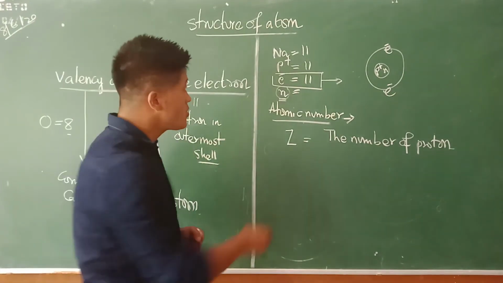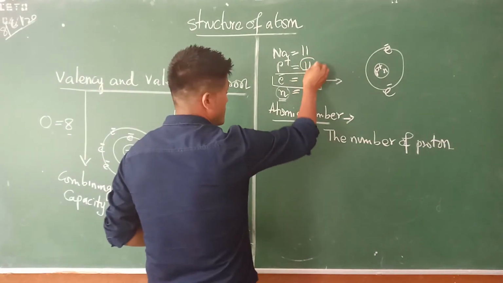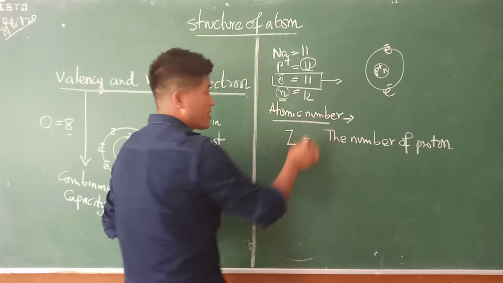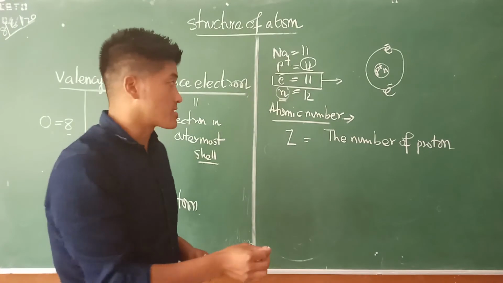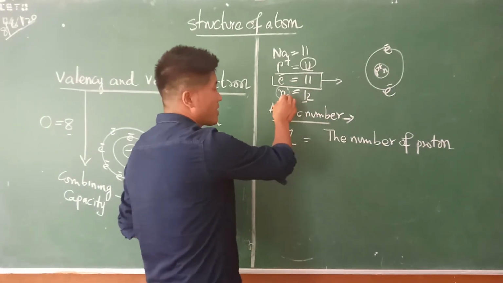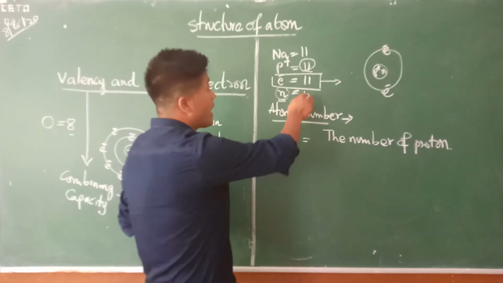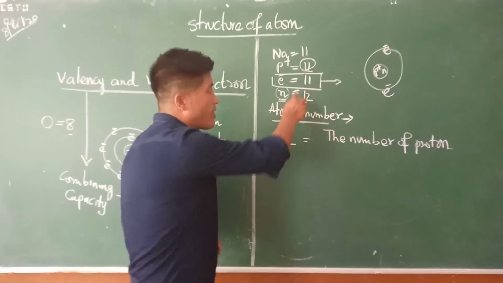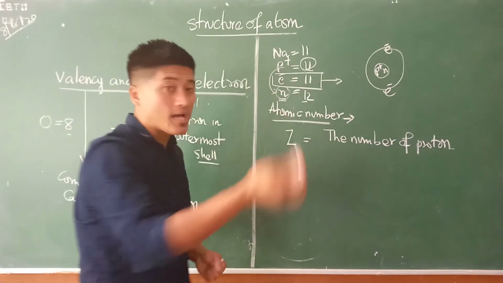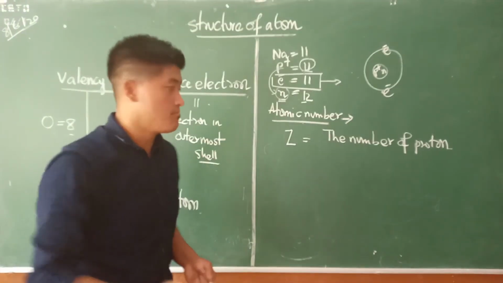So the mass of the proton and the mass of the neutron, in this case for sodium the neutrons are 12. Is that clear? If the number of protons and neutrons is 11 and 12, then if you sum up these two, we get another value called mass number here.